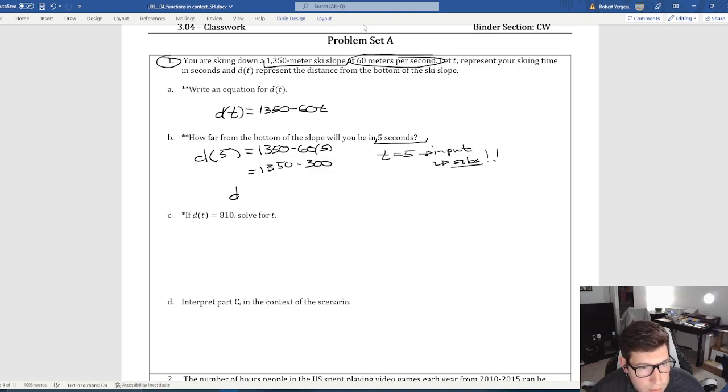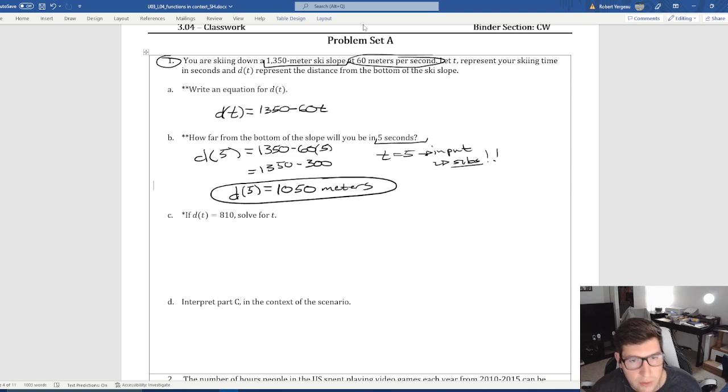And so the distance to the bottom after 5 seconds, d of 5, that's what that stands for, is going to be 1,050. Oops, sorry, not feet. We are working in meters.